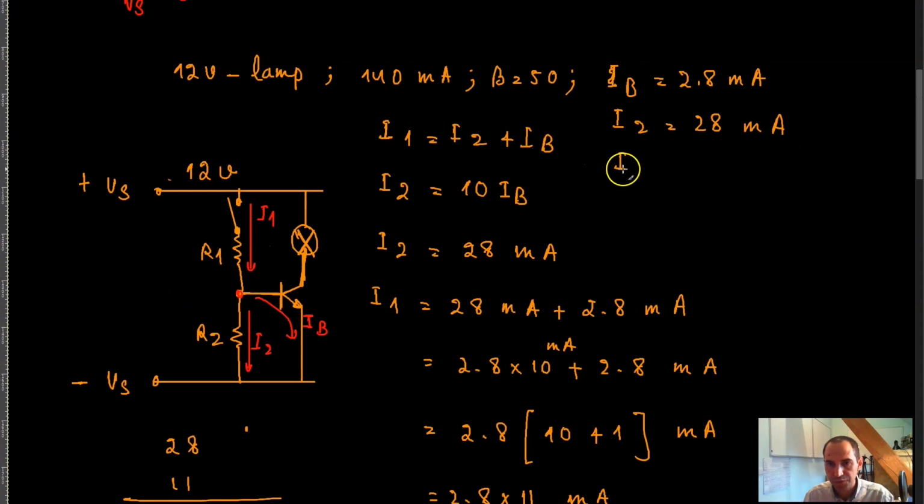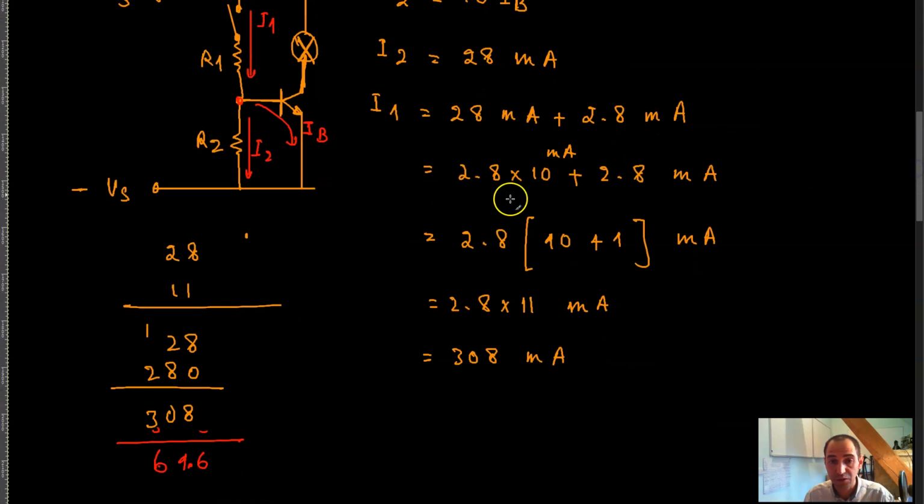So I of 1 is equal to 308 milliamps, which doesn't make much sense. I think I made a mistake over here.